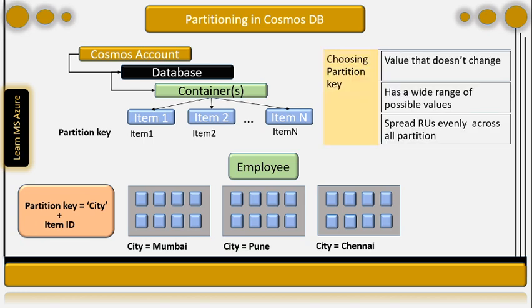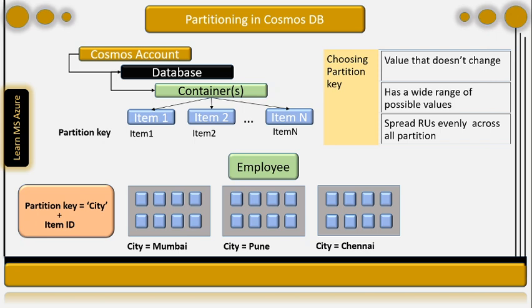So there are a few things that you need to consider while choosing a partition key. You need to choose a partition key which doesn't change much and which has a wide range of possible values, which spread RUs evenly across all partitions. So you should have the data in such a manner that it is widely spread with multiple values in a range, and also it spreads RUs evenly across all partitions.